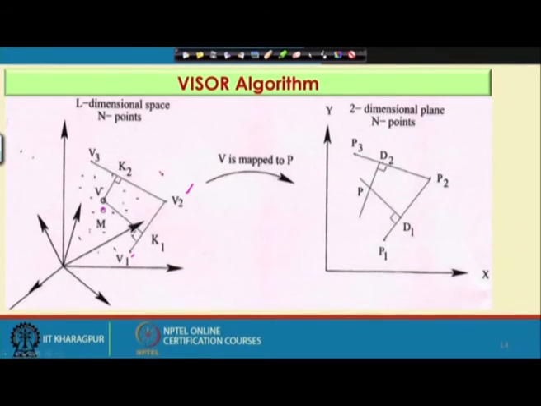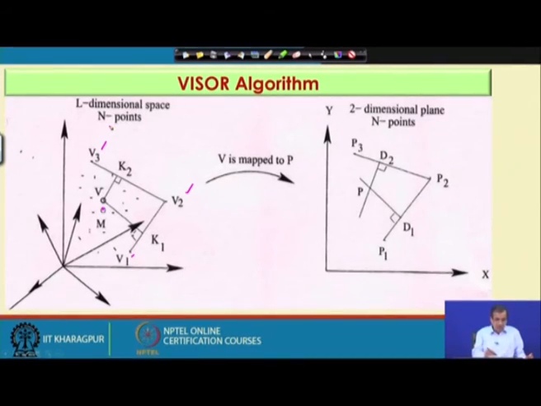For these, I calculate the Euclidean distance from V 1 and from V 2, and we try to locate a point out of these capital N minus 2 data points whose Euclidean distance will be maximum both from V 1 as well as V 2, and this is the third pivot point, that is V 3.